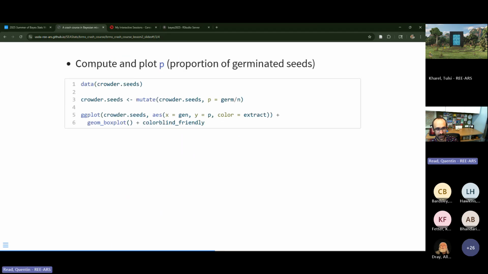So let's load that example data set, and we are going to use mutate to compute a new column called P for each plate, germ divided by N, the proportion of seeds that germinated out of the total. And then I'm going to plot it in a box plot. Genotype on the x-axis, that proportion on the y-axis.